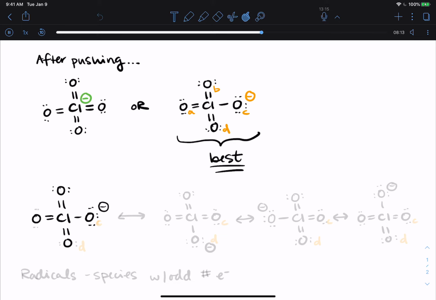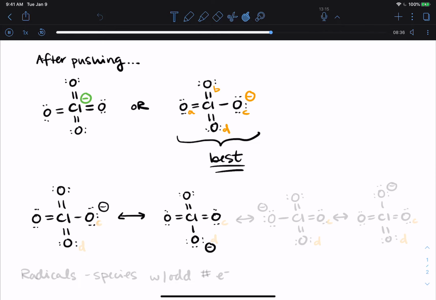Negative, get all my lone pairs in here. So this was one possibility, or I could have that single bond to this oxygen down here. This would get a negative.